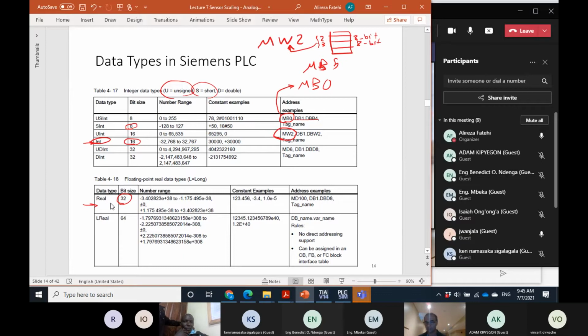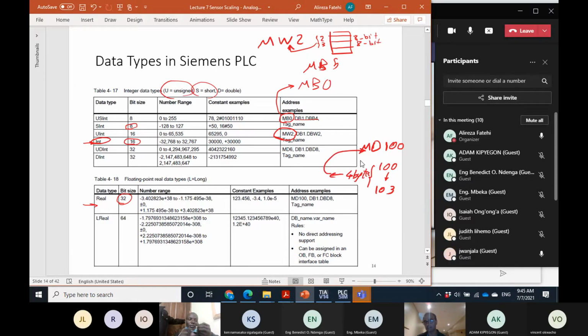So if you have a real number, please notice that you need to address it as a double word. So MD, for example, 100. When you have MD100, it means that memory bytes 100 to 103, these 4 bytes, are used to represent double word 100.